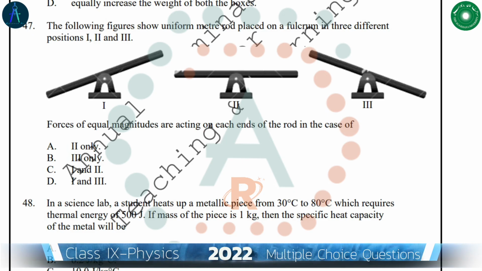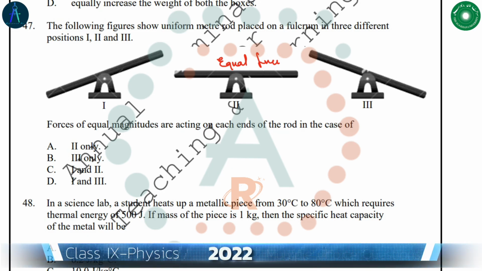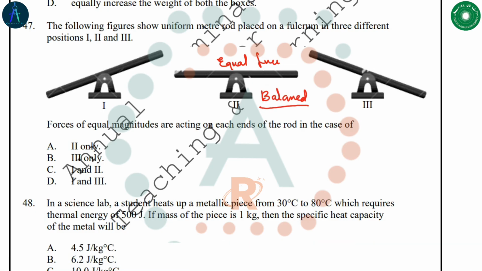So we know, as we can see from the given diagram, that in this second seesaw we have equal forces, and these equal forces are there because this seesaw is balanced. So we can say that the forces acting on the seesaw are balanced, and the net torque acting on it is 0. So option A is the right answer.